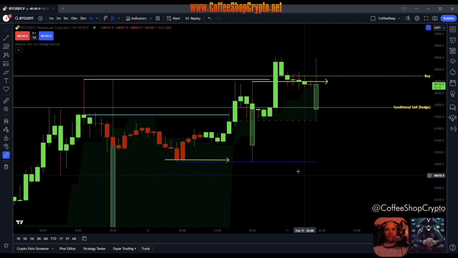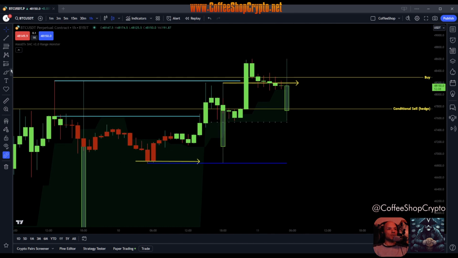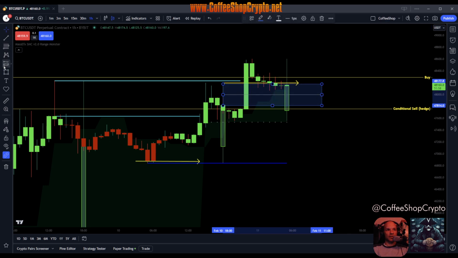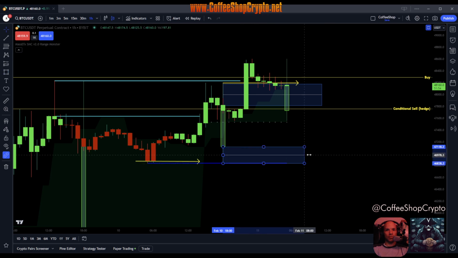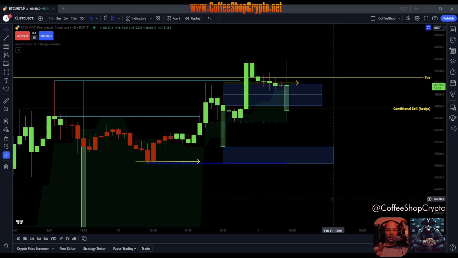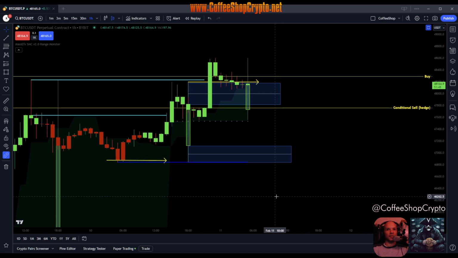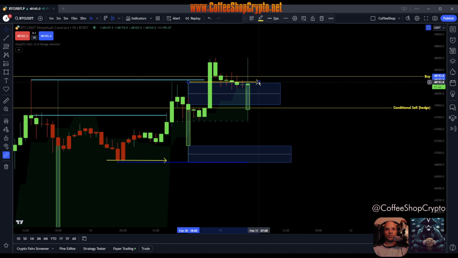Now, using something like this means that, for example, here's the close of this daily candle, which means we have all of this as resistance. And here's this, which means we have all of this as support. Now, I do like targeting fair value gaps, and I understand very well that you guys are going to ask about that. When price gets below, grab this thing here.